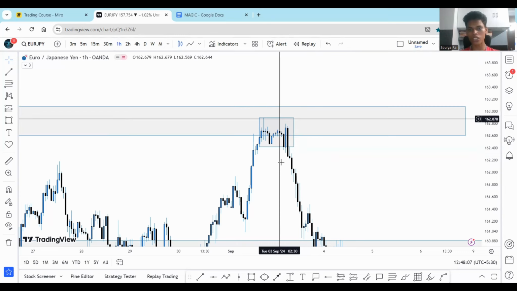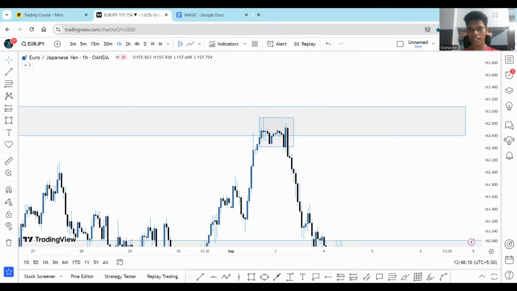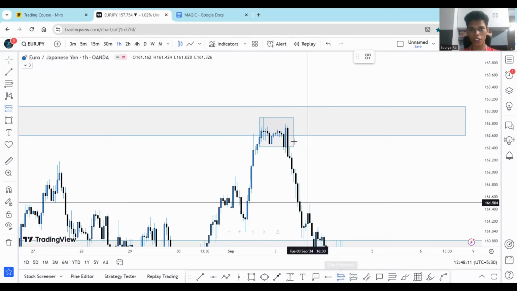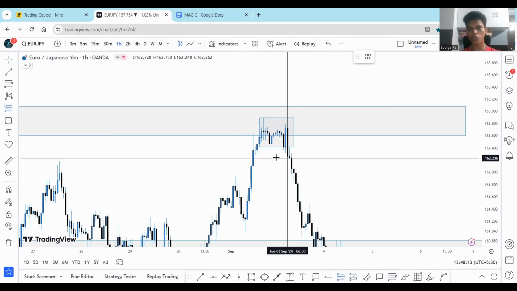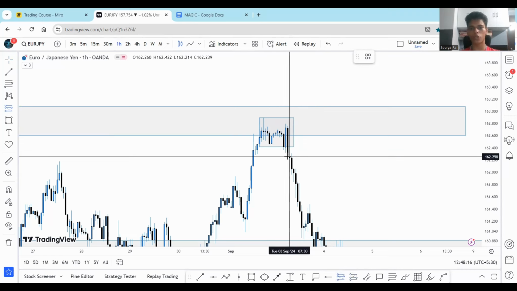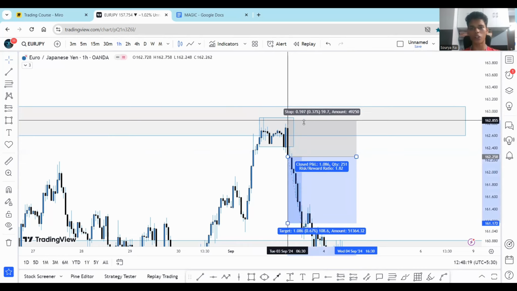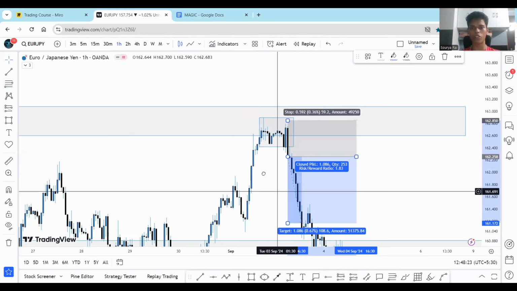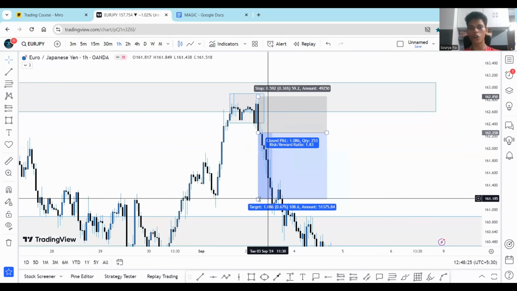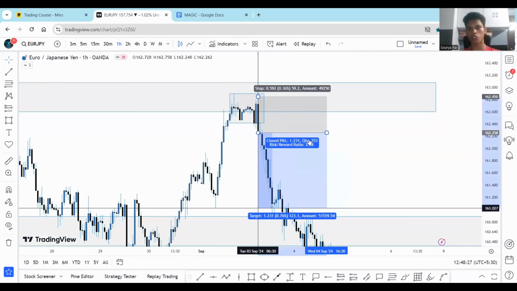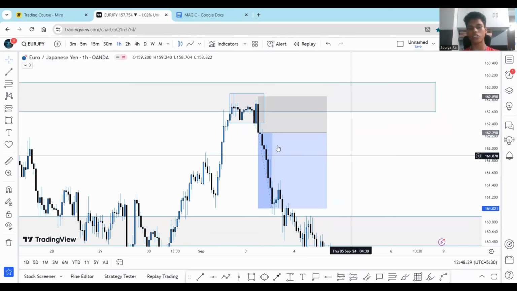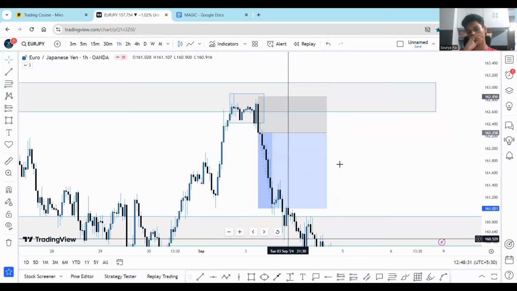So as soon as this consolidation breaks, you can enter over here or you can wait for the close of the candle. Let's say you waited for the close of the candle and entered over here. Your stop loss would be above the high over here and our take profit, as we said, goes to a simple 1:2 risk reward ratio, and then price aggressively dropped down to hit our take profit.